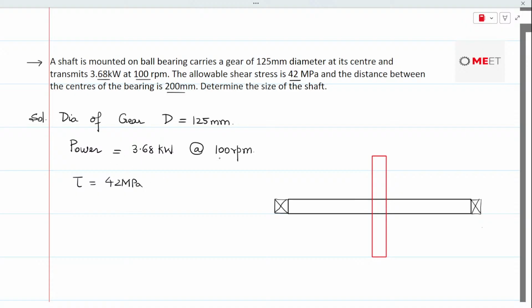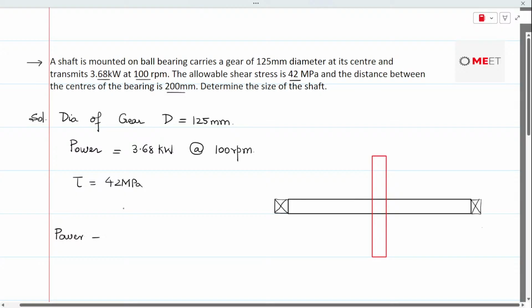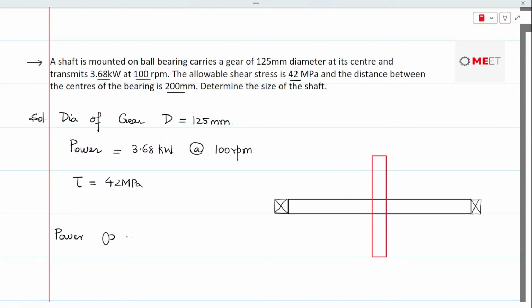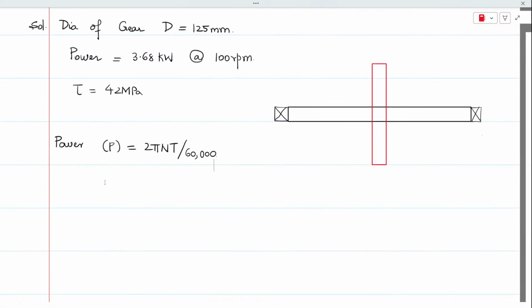Now, using the power equation and speed and diameter, we can calculate the tangential force exerted due to the rotation of gear. That is, power can be expressed as P is equal to 2 pi n into T divided by 60,000, or else this formula could be also expressed in a different way.